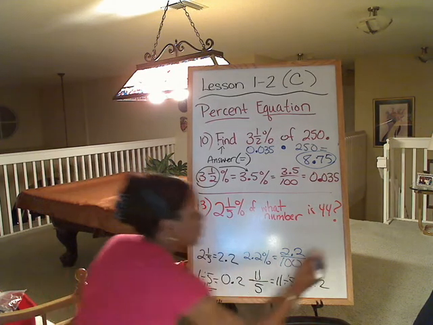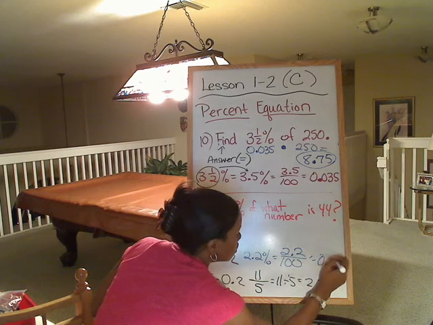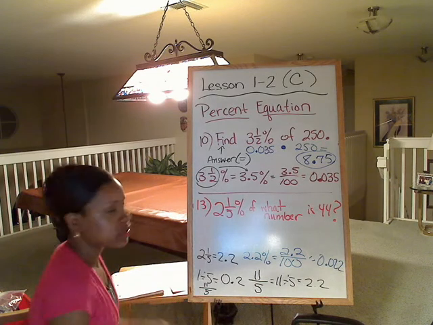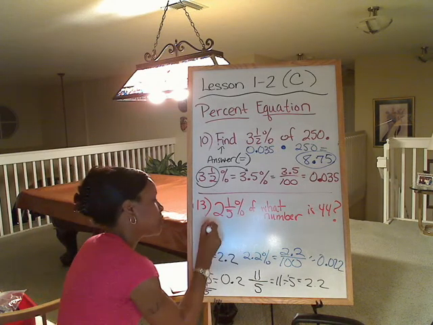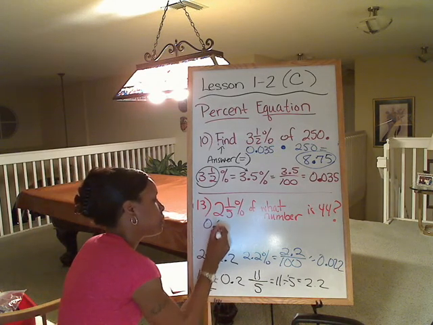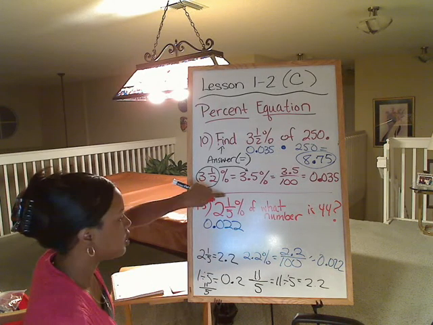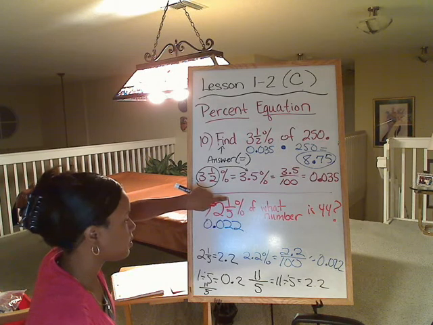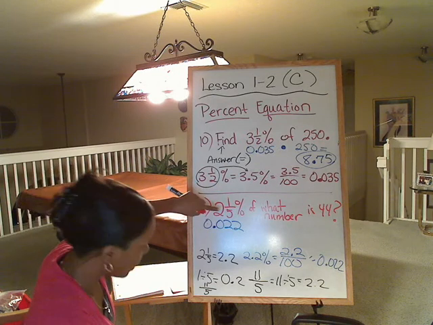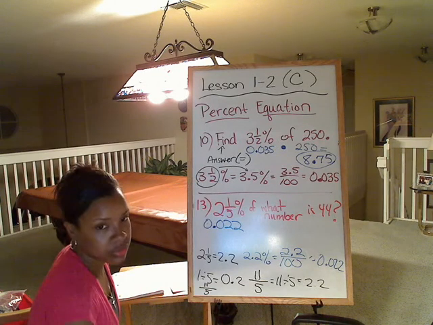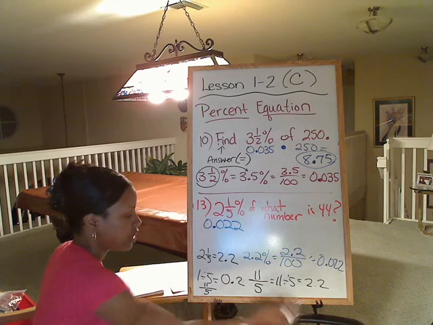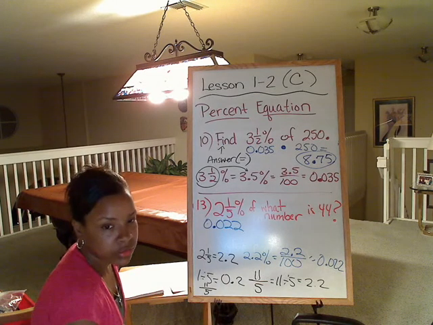And we get 0.022. So 2 1/5% changed to a decimal is 0.022. Okay? You got to change just this part first to a decimal and then change that with the percent to a decimal. And you can just rewind and look that over if you didn't get it the first time.